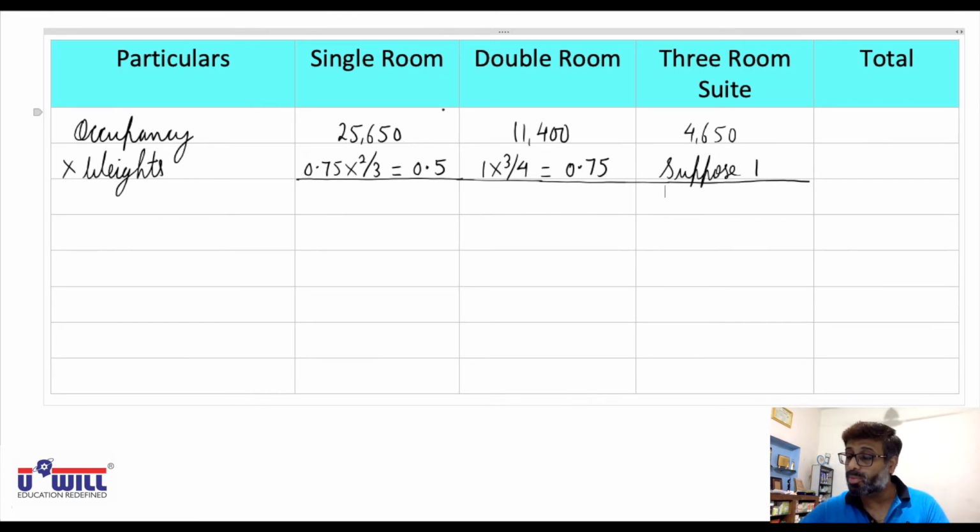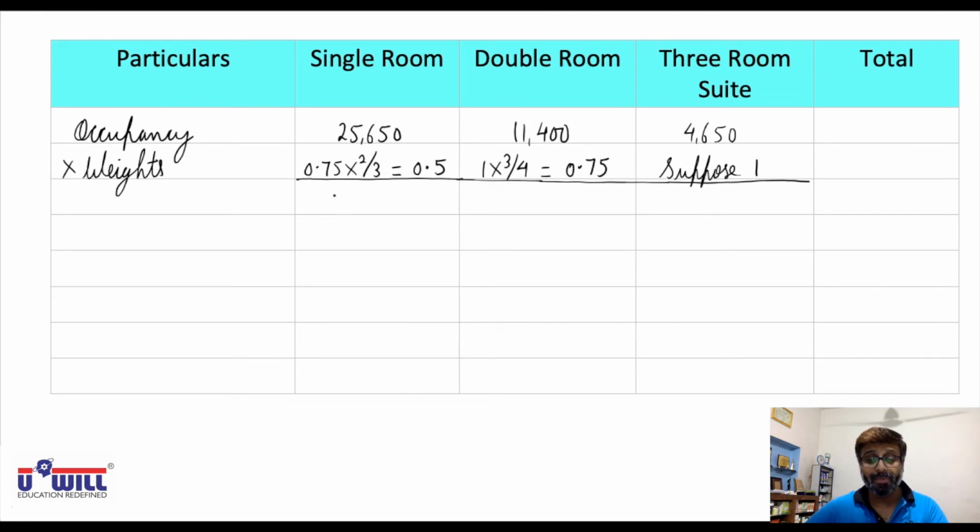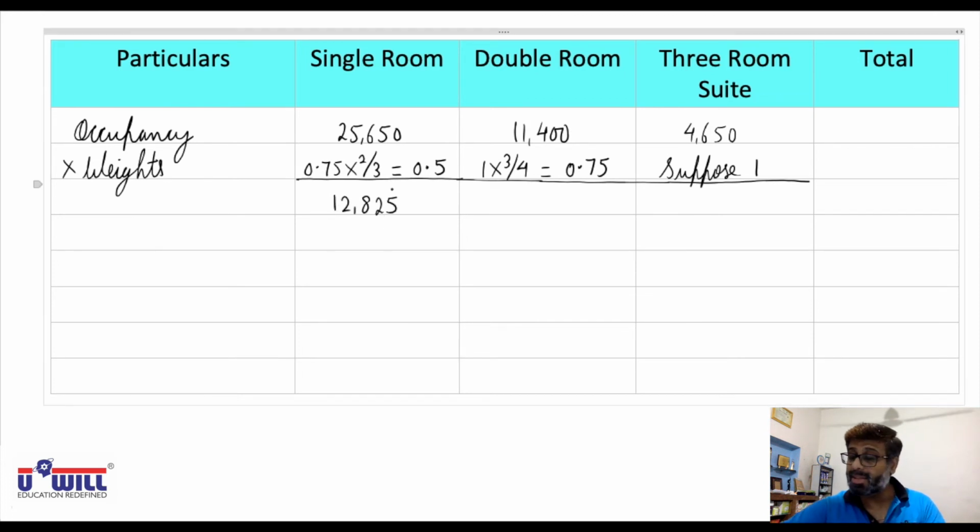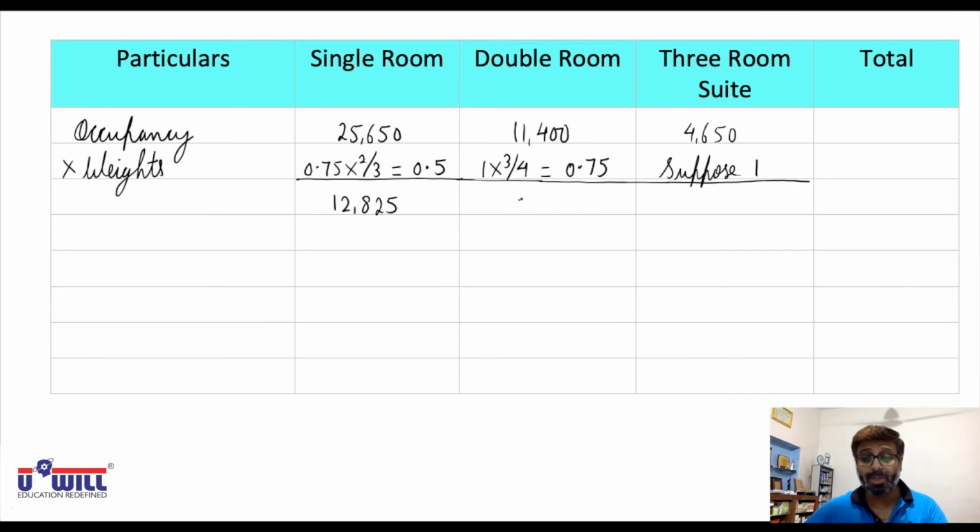So that comes to 12825. 11,400 into 0.75. That comes to 8550, and 4650 into 1 is 4650.